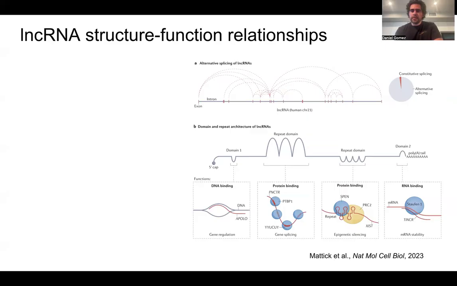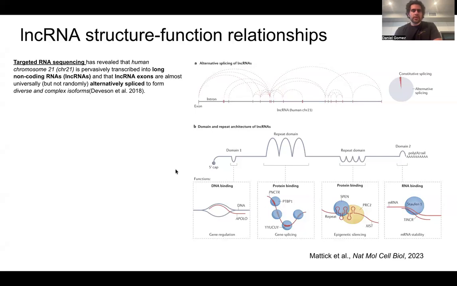And protein binding with SPEN and PRC2: a repeat and XIST gene transcript that's bound by the protein and then epigenetically silenced by these two proteins, SPEN and PRC2. And then we have RNA binding with Staufen1. It binds to the mRNA, and TINCR for mRNA stability.